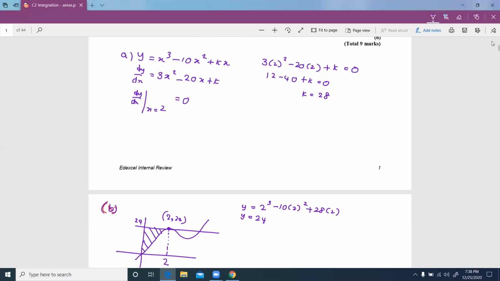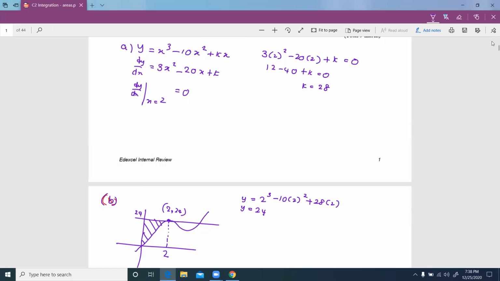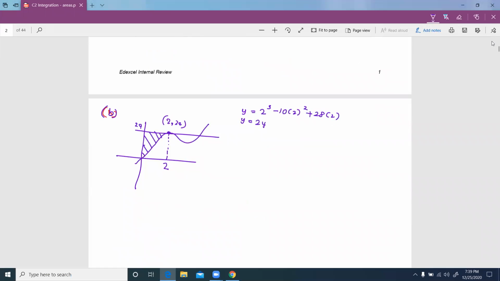Right? Then if I need to find the area over here, you can understand that this is a rectangle. Initially, I'll get this rectangular area. For this rectangular area, we know that this length is 2 and this height is 24.